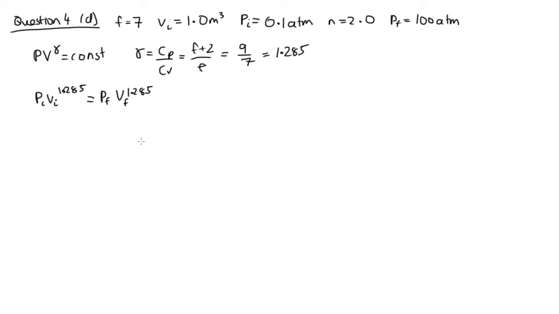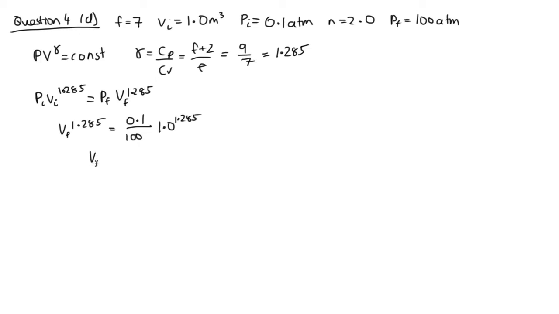And so V final to the 1.285 is equal to P initial, which is 0.1, over P final, which is 100, times the V initial, which was 1.0 to 1.285, which is still just 1.